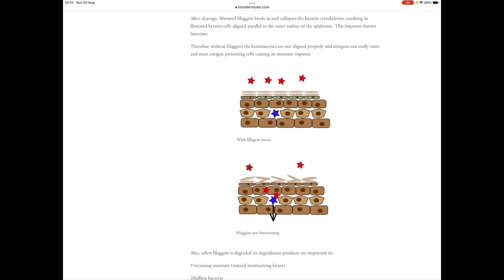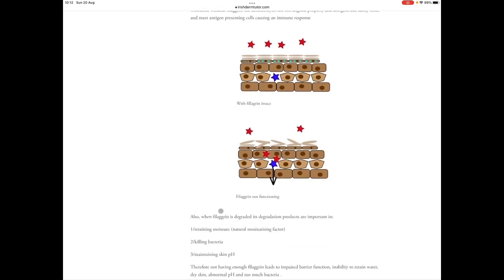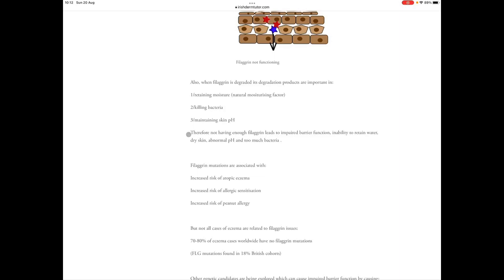Therefore, if you do not have filaggrin, you do not get the corneocytes aligning and becoming flat properly, and as such, allergens can easily enter the skin, and they can be presented to antigen-presenting cells, which stimulates an immune response. Also, filaggrin contributes to other things, so its degradation products are important in retaining moisture, and they're called natural moisturizing factor. They also play a role in killing bacteria and maintaining skin pH.